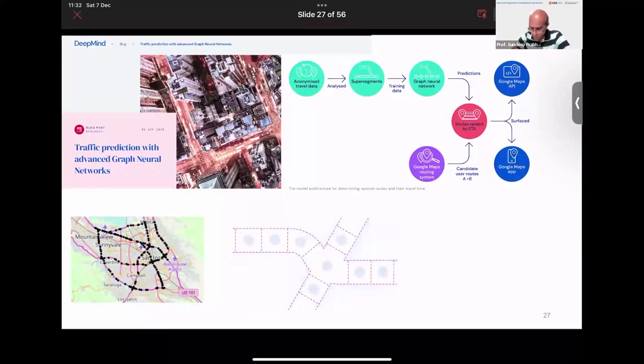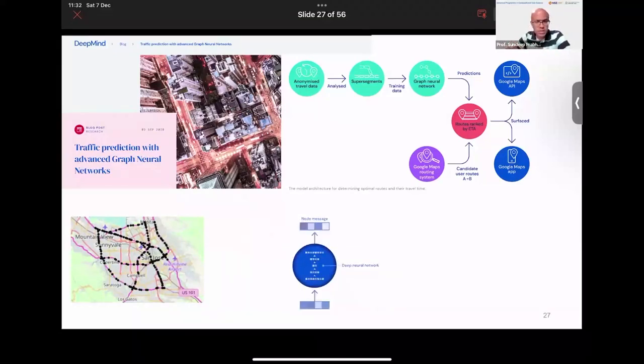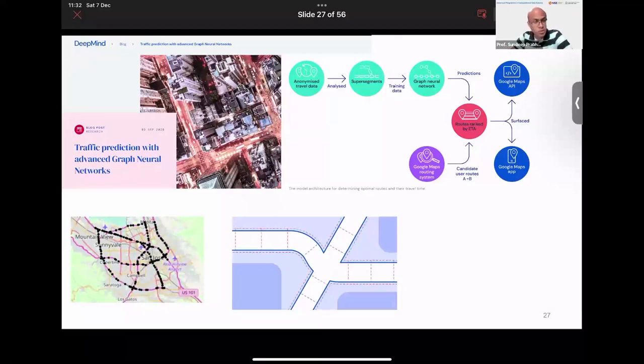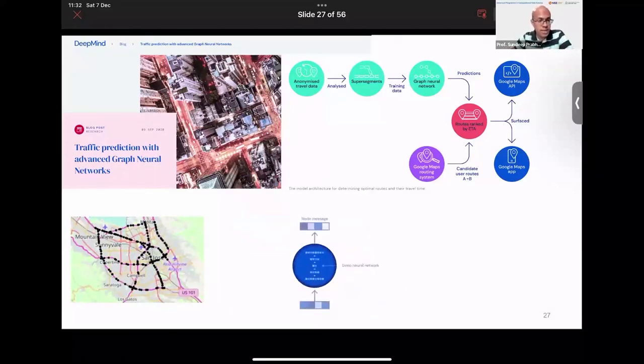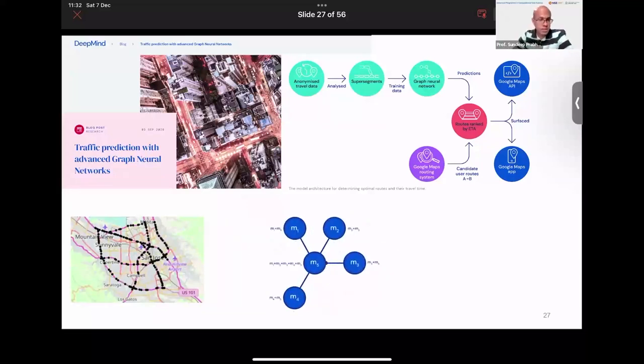But the idea is the following. If you ask to go from point A to point B, you basically get a set of junctions, which are nodes of a graph, and then there are streets and roads connecting these junctions, which are nothing but edges.